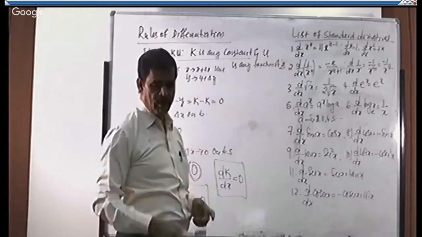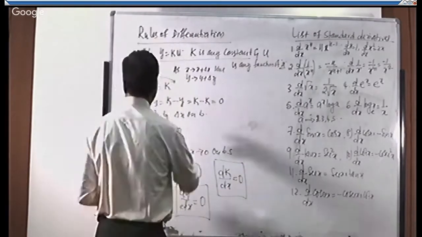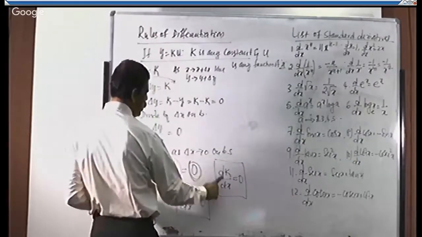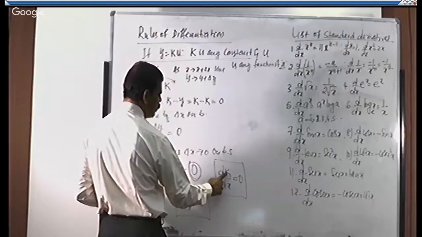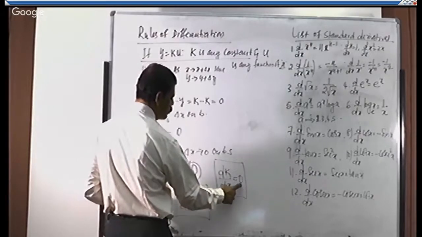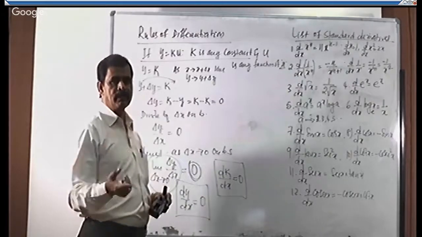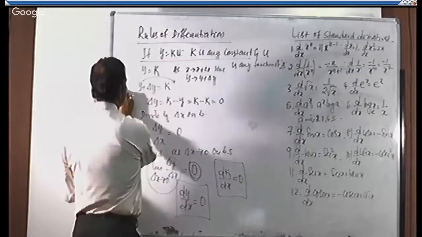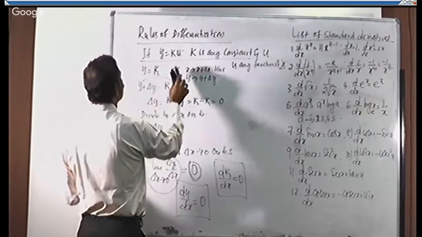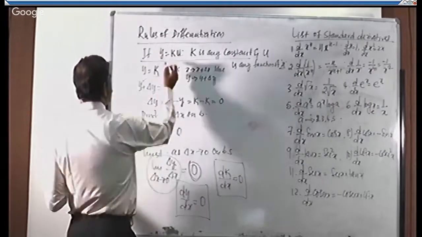In that case, what happens? For only k, any constant, if it is differentiated with respect to x, you will get 0. Please remember, the derivative of any constant with respect to x is 0. Now see the second one: y is equal to k into u.